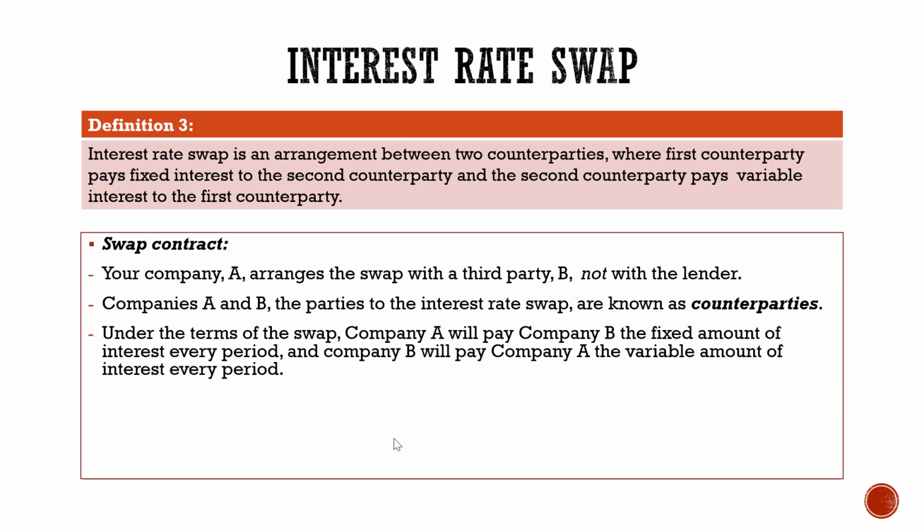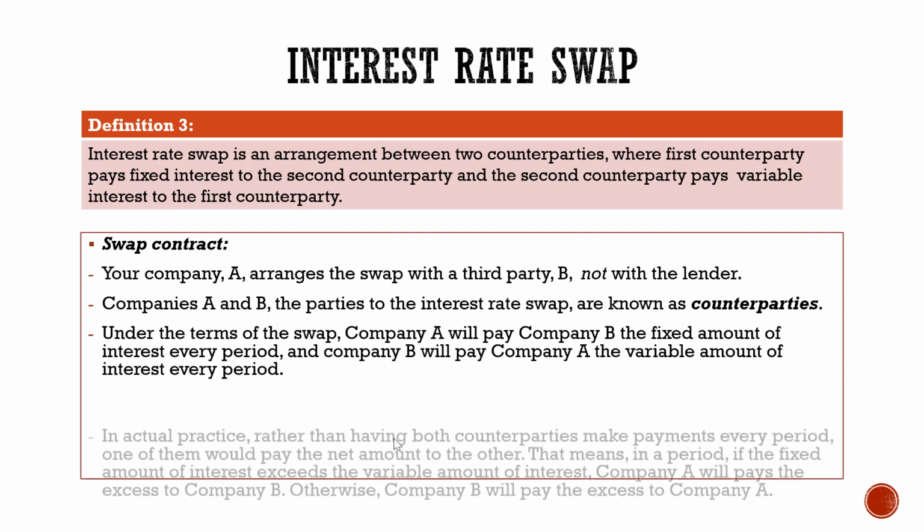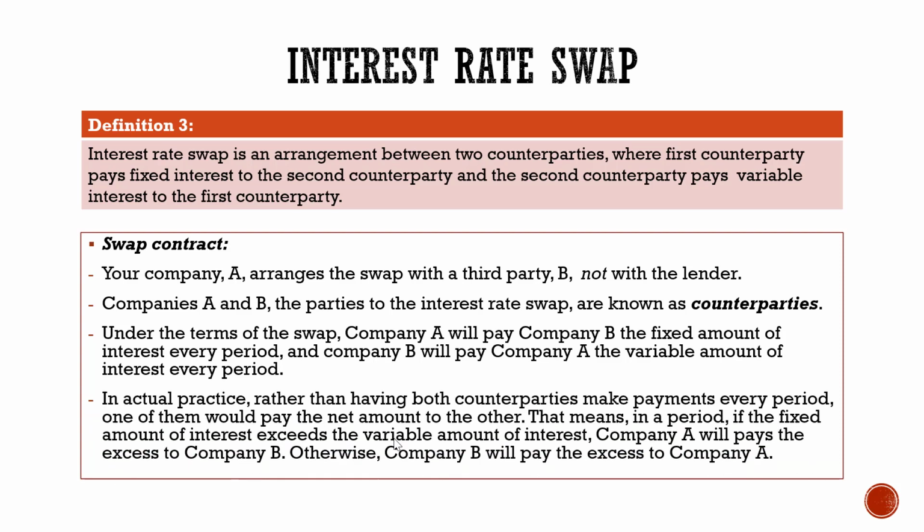Under the terms of the swap, Company A will pay Company B the fixed amount of interest every period, and Company B will pay Company A the variable interest amount every period. In actual practice, rather than having both counterparties make payments every period, one of them would pay the net amount to the other.